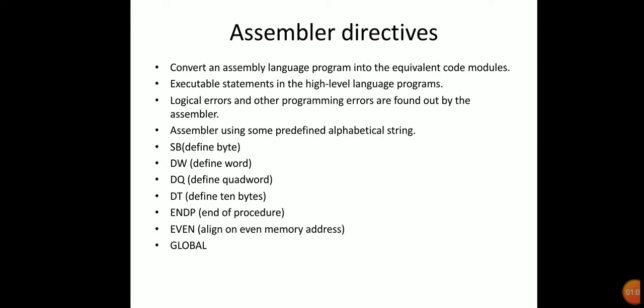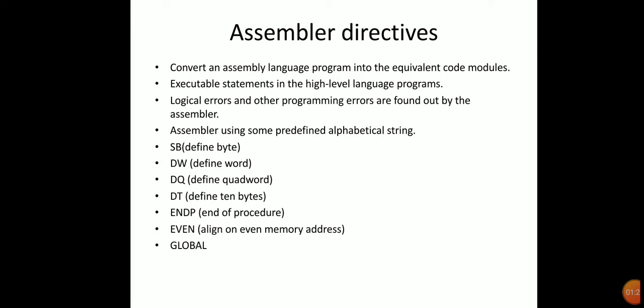So what kind of pre-coding? The first one: convert an assembly language program into the equivalent code modules. Second: executable statements in high level language programs. Third: logical errors and other errors are found by the assembler.